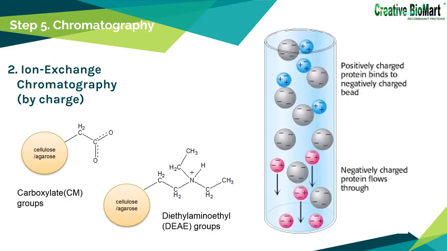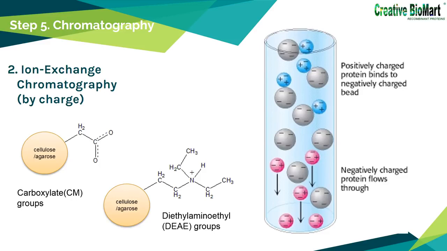Ion exchange chromatography. Proteins may have a net positive or negative charge at different pH ranges. This is another basic rule for protein separation. If a protein has a net positive charge, it will usually bind to a column of beads containing carboxylate groups, whereas a negatively charged protein will bind to a column of beads containing diethylaminoethyl groups. The protein sample is loaded on the column.